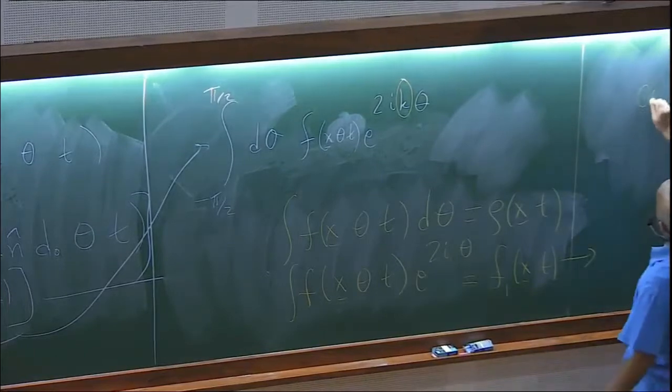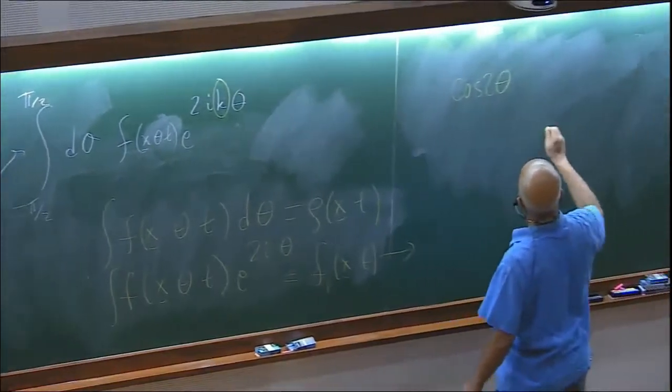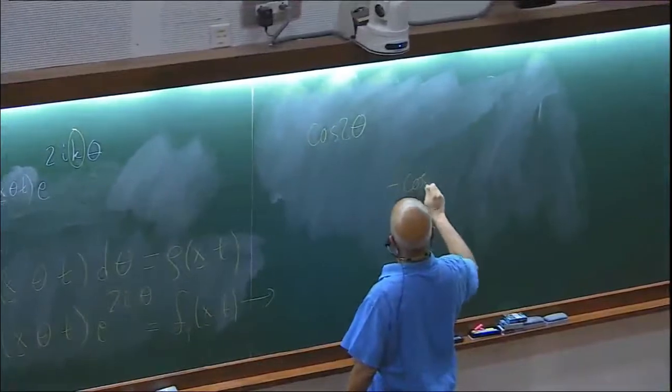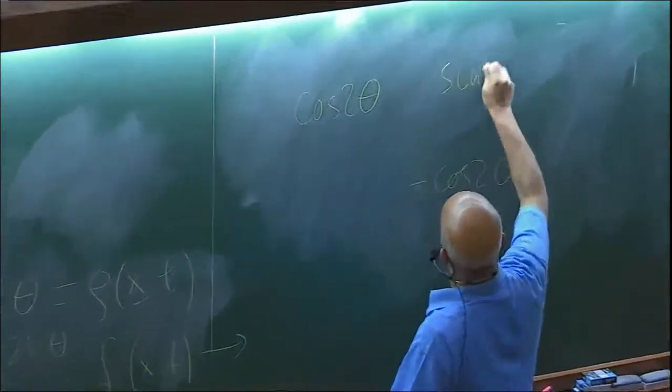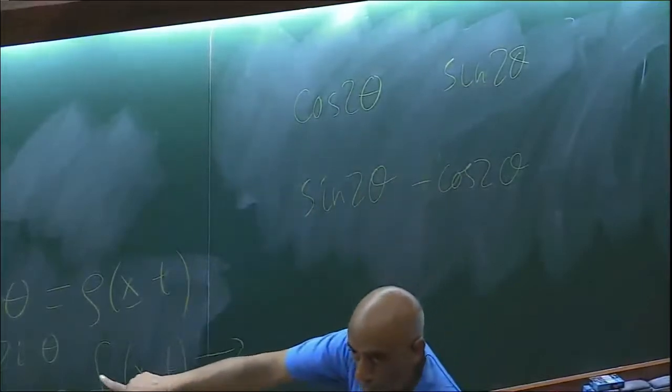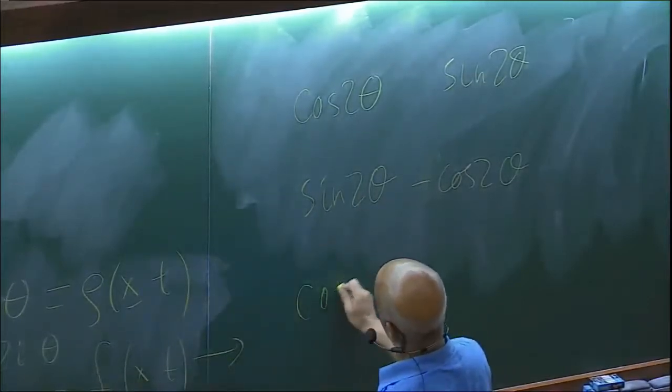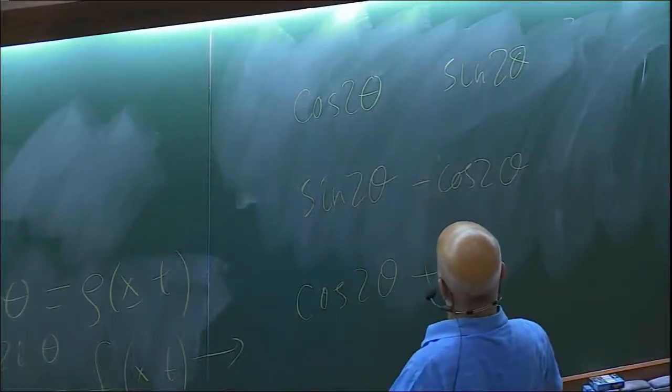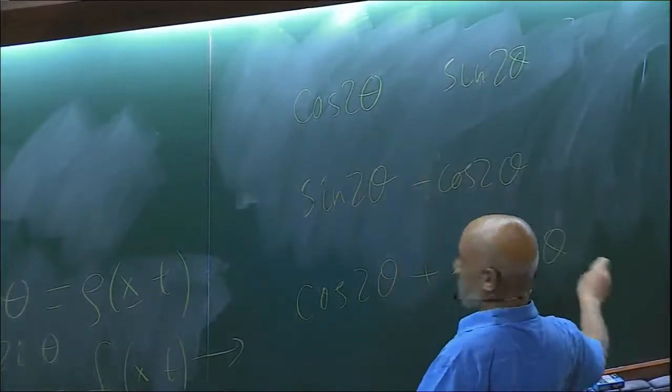I could have taken this object, but in this complex notation, I am instead taking cosine 2 theta plus i sine 2 theta.